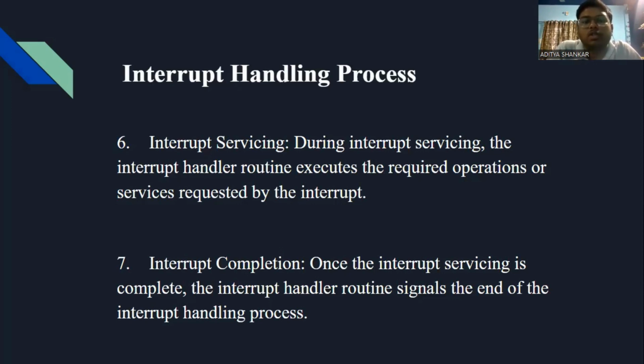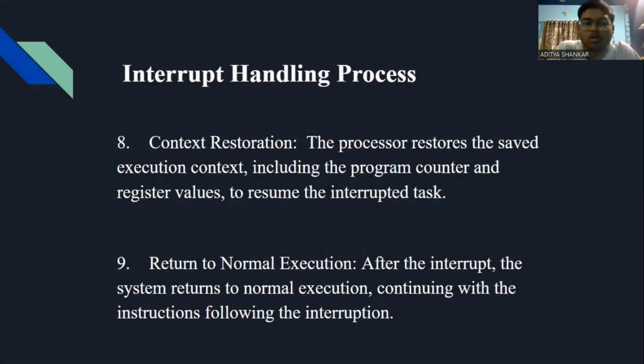Interrupt completion. Once the interrupt servicing is complete, the interrupt handler routine signals the end of the interrupt handling process. The interrupt has been handled, and now the program can go back to its execution. So context restoration needs to be done.